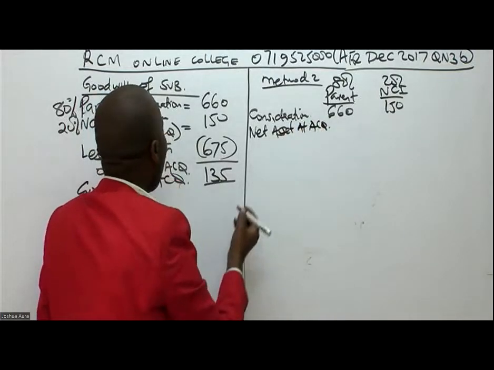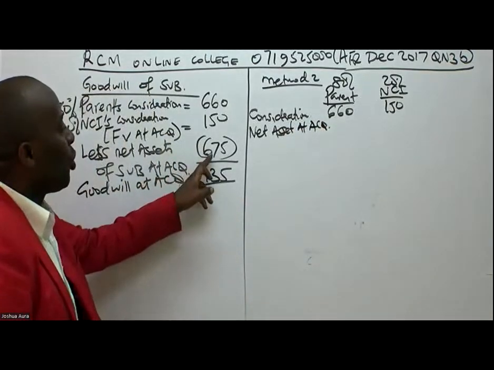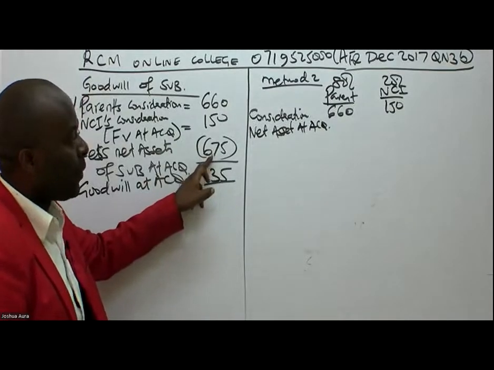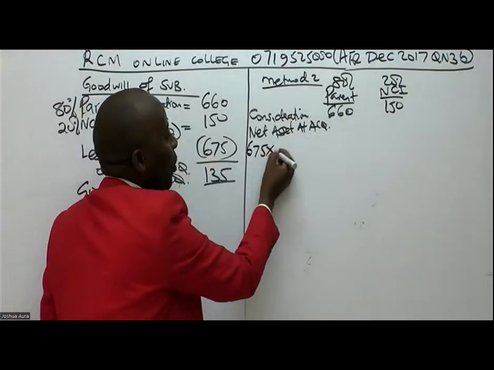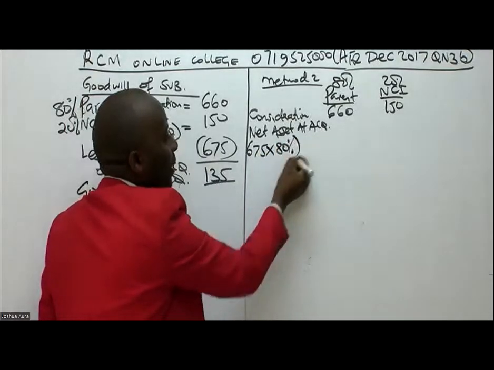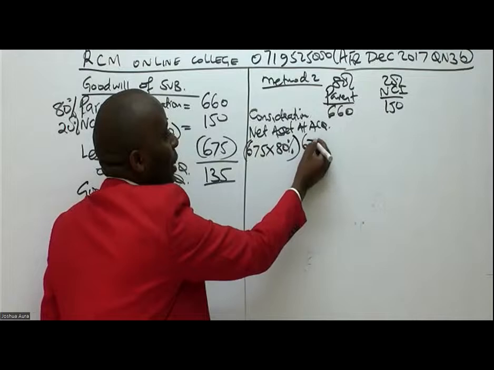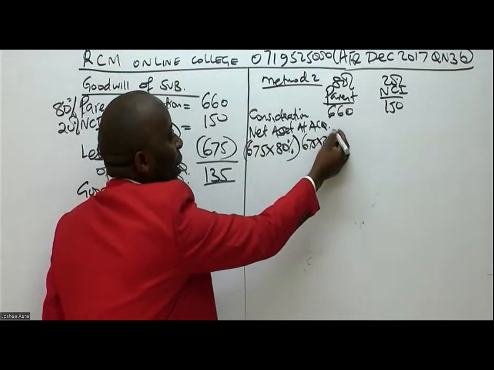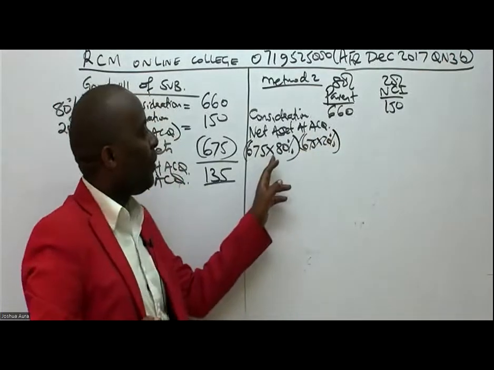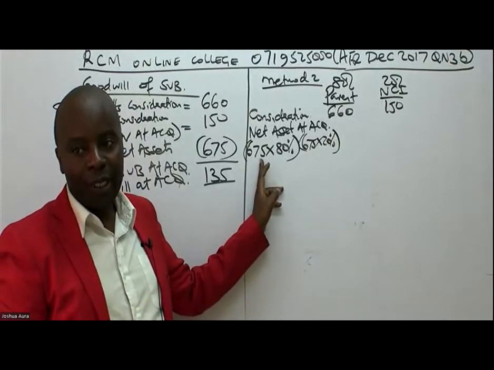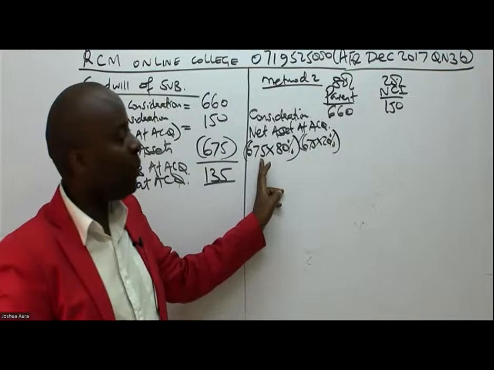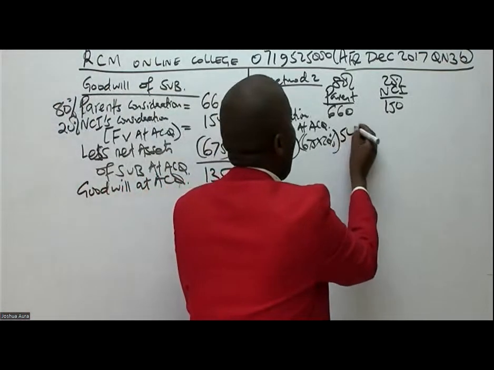So we want to apportion the net assets at acquisition. You gave me this 675 figure. I would want to apportion it to the parent, who owned 80%, and give NCI their share. Could you kindly give me 80% of 675? I'm being told by a friend here that it is 540.